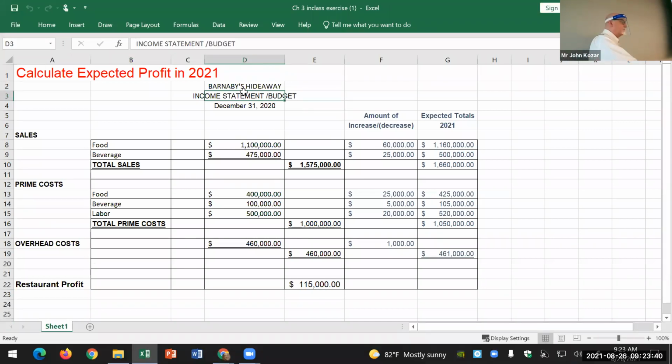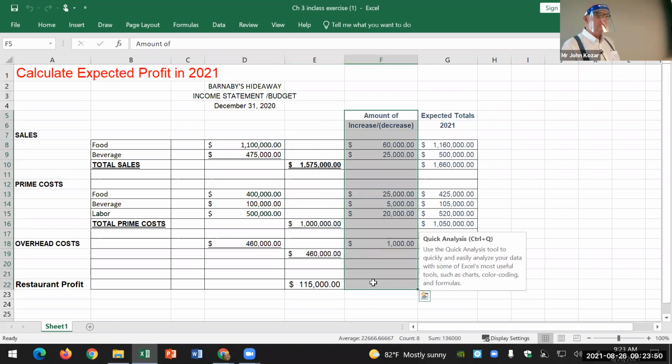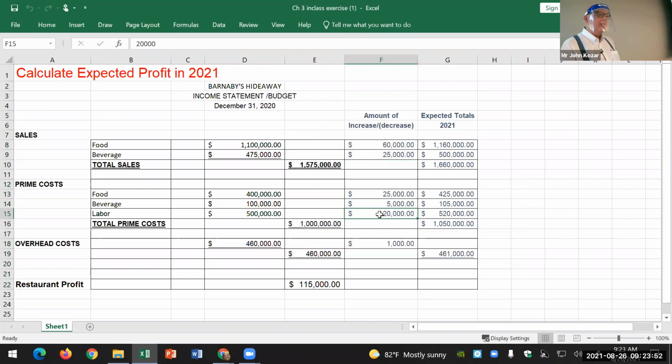We have the figures for the end of 2020, and then we have a predicted amount of change during 2021. Our first question is to calculate the expected profit for 2021.